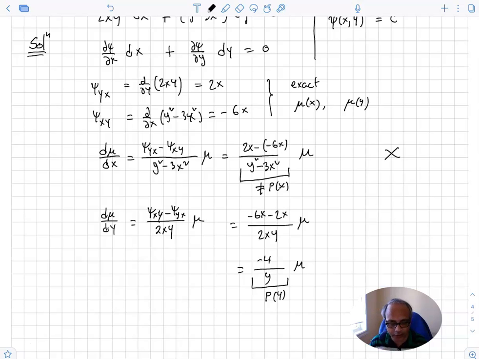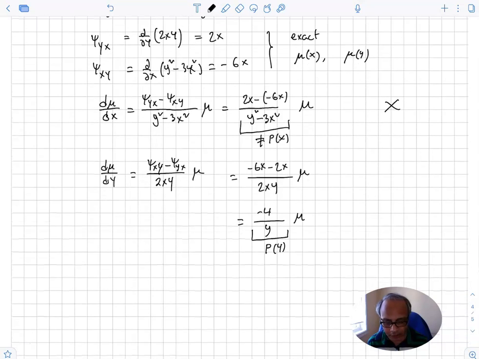So you are looking for a first order differential equation d mu dy equals something as a function of y times mu, and that is separable. Which means you can rewrite it in this form.